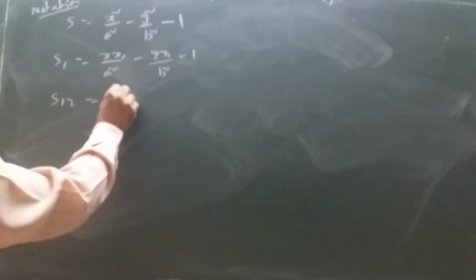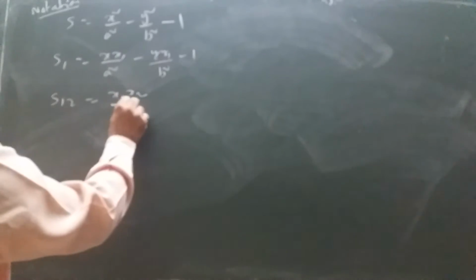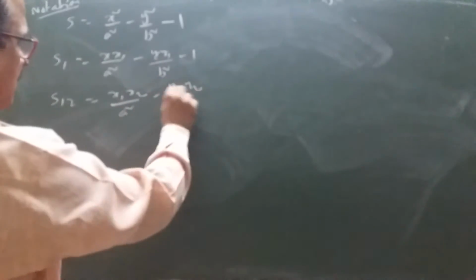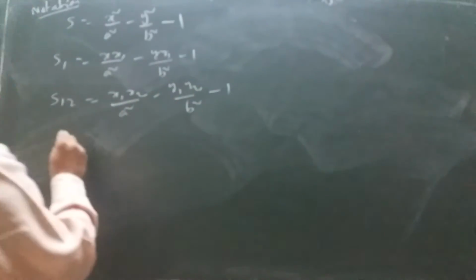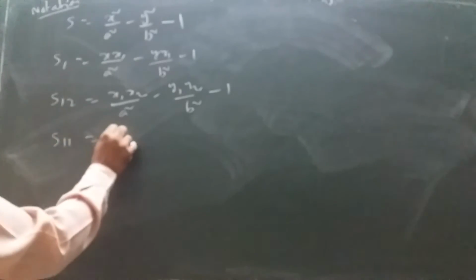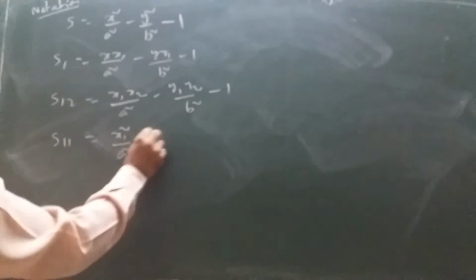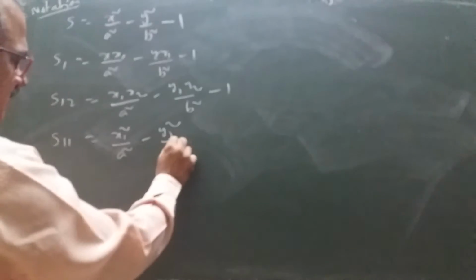S12 is equal to x1 x2 by a square minus y1 y2 by b square minus 1. S11 is equal to x1 square by a square minus y1 square by b square.